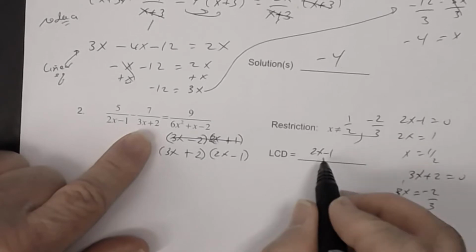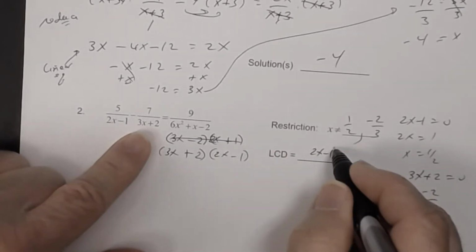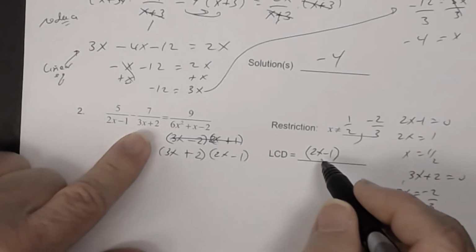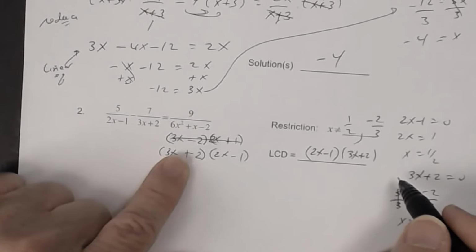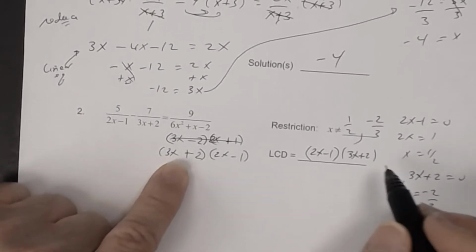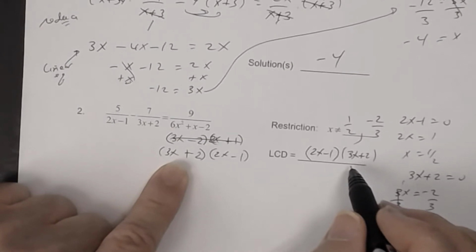Notice that your LCD factors are products, so now you come back and put this in parentheses: 2x minus 1 times 3x plus 2. Then I go to my next factor, 3x plus 2. I already have it listed. Don't list it again. If you list it again, you're not doing the least anymore, and it makes things a lot harder on yourself. Only list it once.